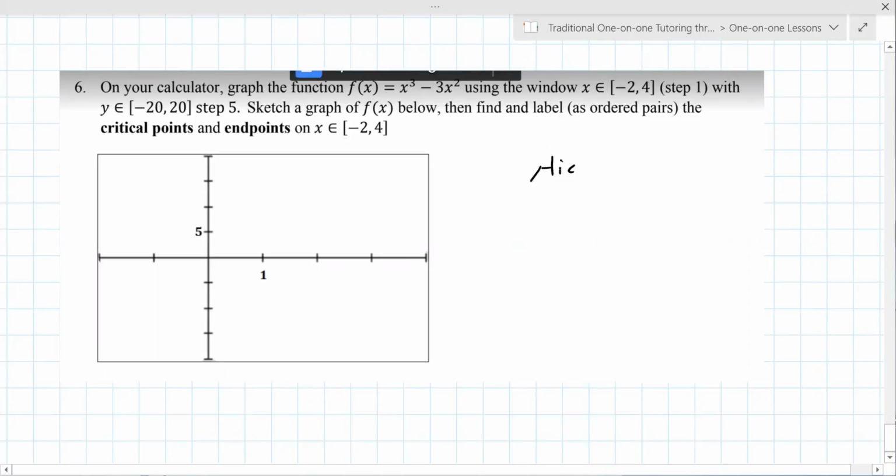So in your problem, your x tick is 1, your y tick is 5. Okay. So if you got that handy, I would graph it. I'm going to graph it on my side also. And I'm going to just fix the interval here to be -2 to 4 and minus 20 to 20.